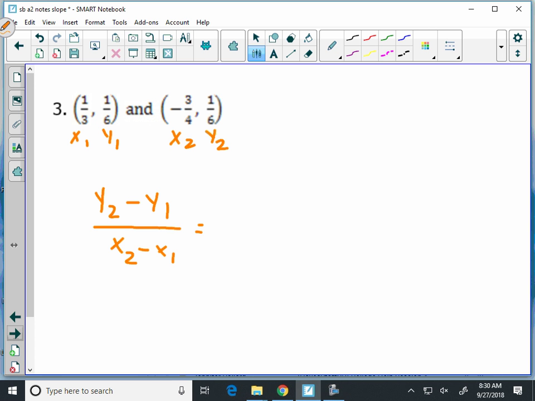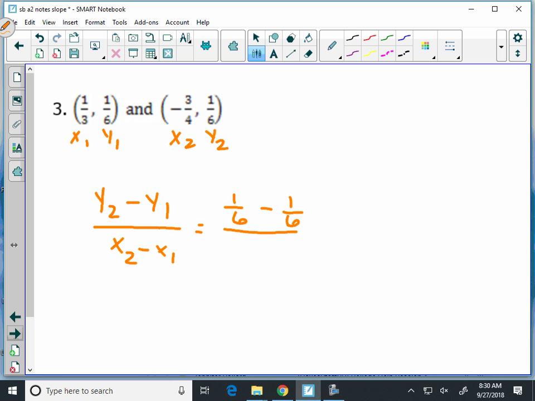What's our top going to look like? What is our y2 minus our y1? What's it going to look like when we write it down? What do we say our y2 was? 1 over 6. Minus what do we say our y1 was? 1 over 6. Good. What's our bottom going to look like?